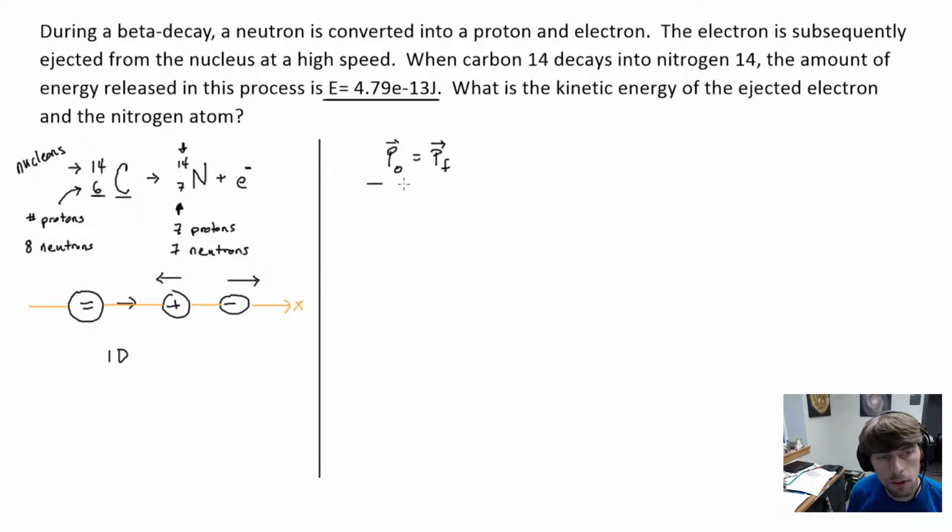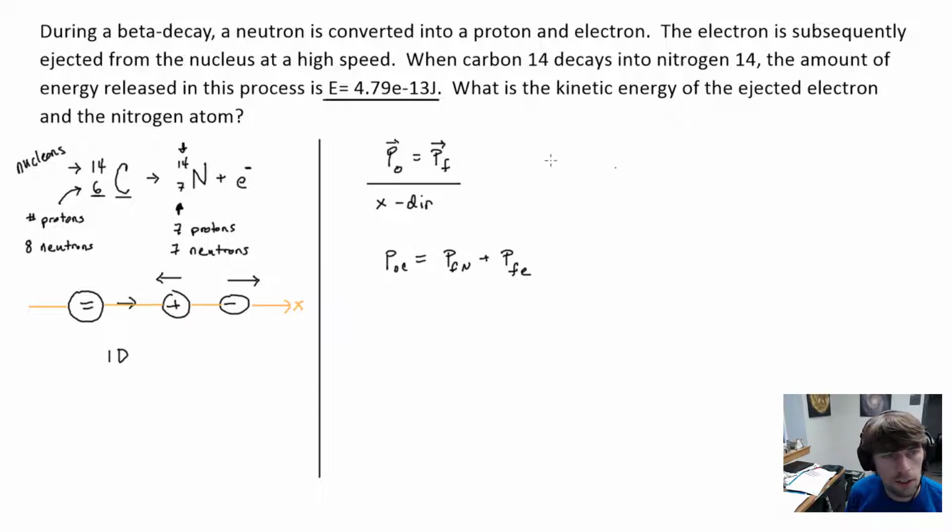Okay. So let's choose the x direction, and we'll go ahead and write everything out. We have the initial momentum of the carbon is equal to the final momentum of the nitrogen plus the final momentum of the electron.